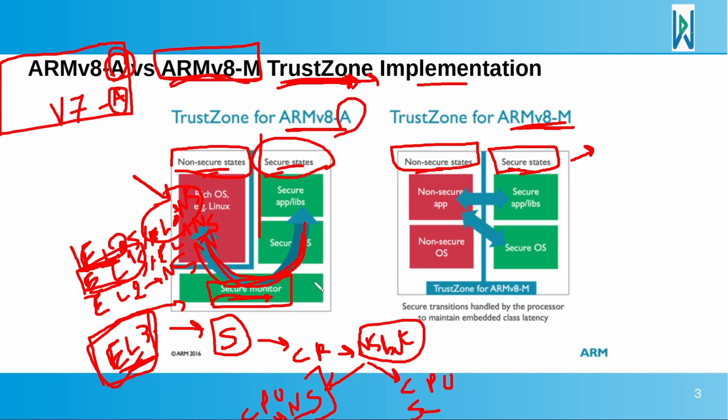If we try to integrate the same flow into Cortex-M, then we'll have a big problem, because the Cortex-M is running in terms of megahertz, not gigahertz. And hence, this overhead, if we are trying to switch the CPU state when moving back and forth through this intermediate mode, will have a big impact on our execution on ARMv8-M.